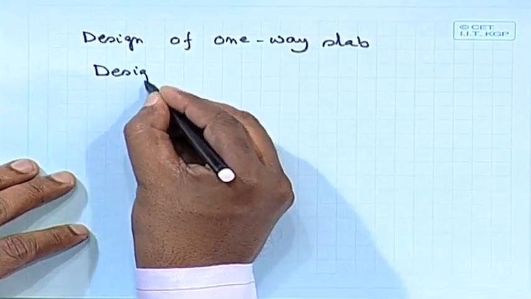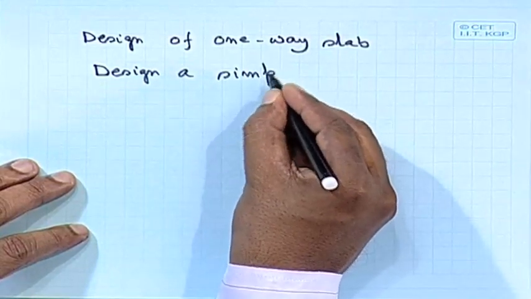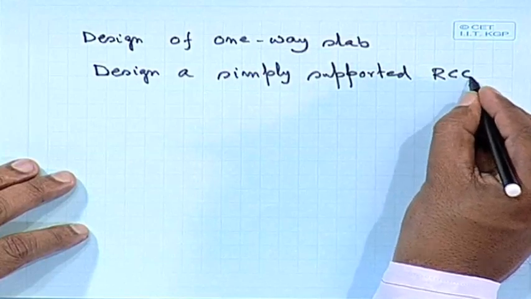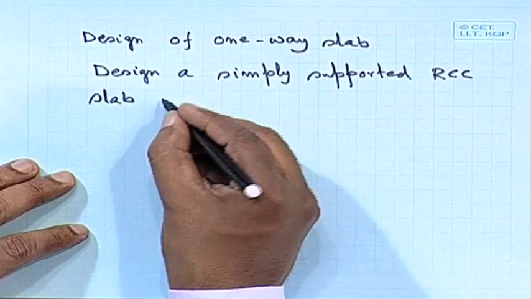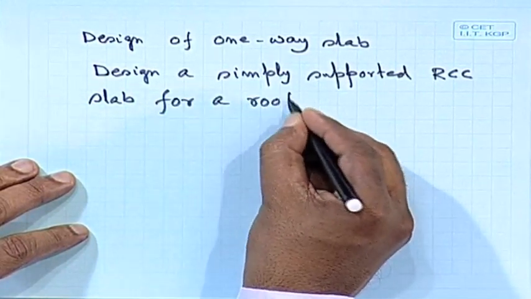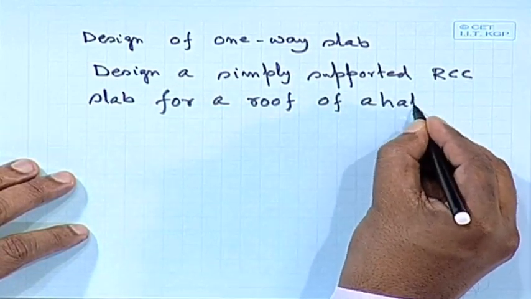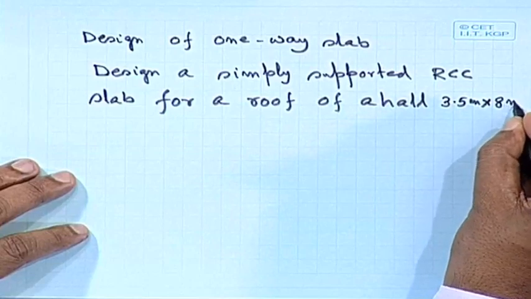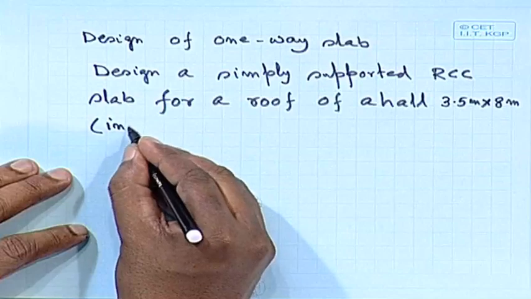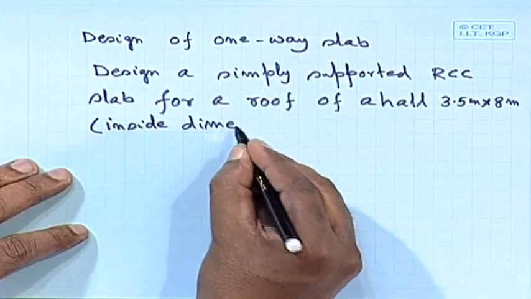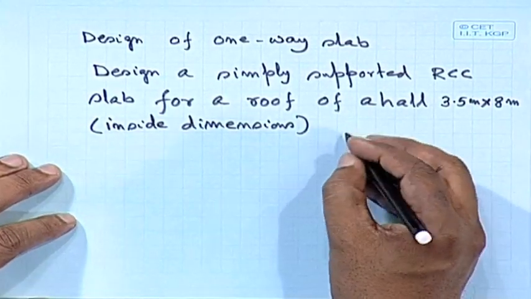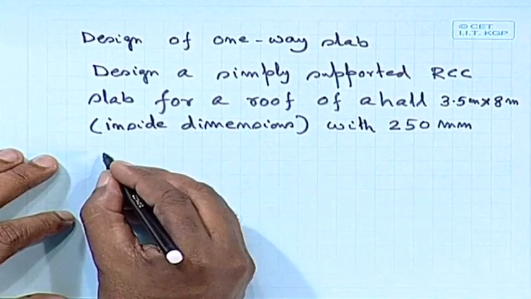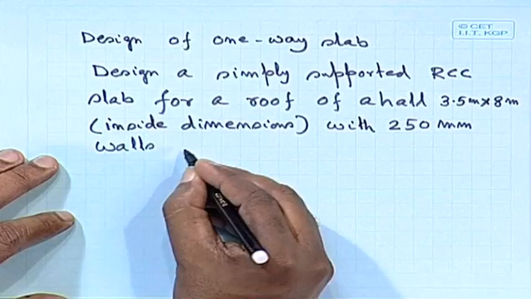Design a simply supported RCC slab for a roof of a hall 3.5 meter into 8 meter, and these are inside dimensions, with 250 millimeter walls all around.